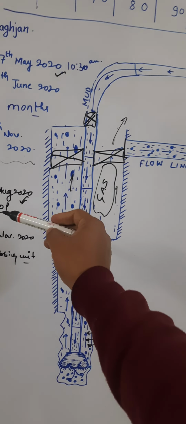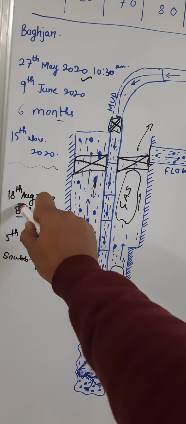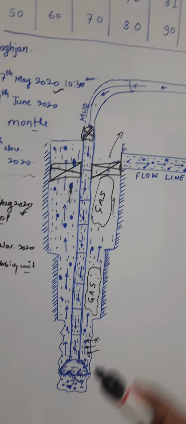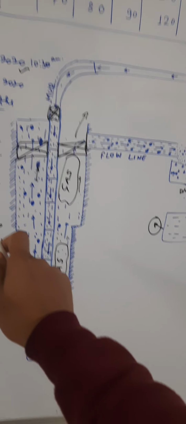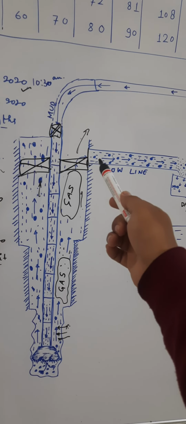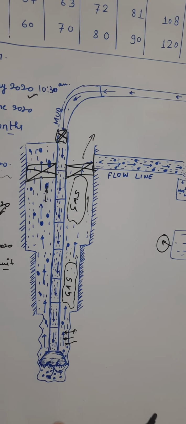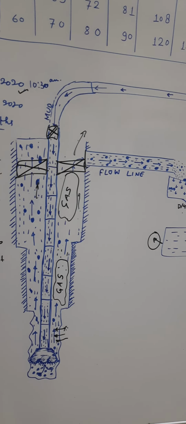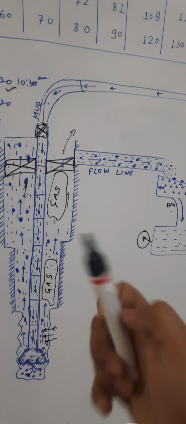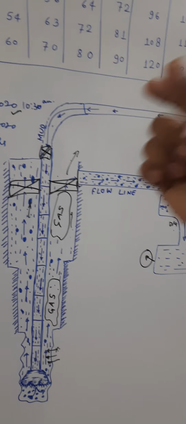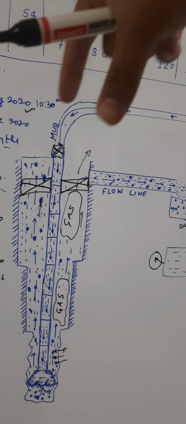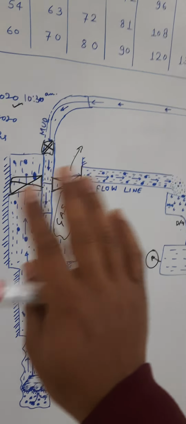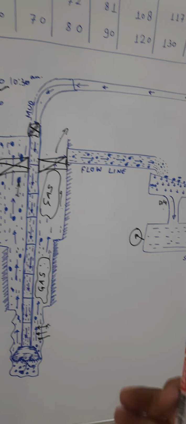Once it was installed on 18th August, on 15 November we controlled the well. But the problem was to install. It is easy to install in normal conditions, but the moment gas is coming out, there is a fire. This gas caught fire. So in a fire situation, it is not easy to go to the top of the well and install the BOP. That is not an easy job. So it took time.